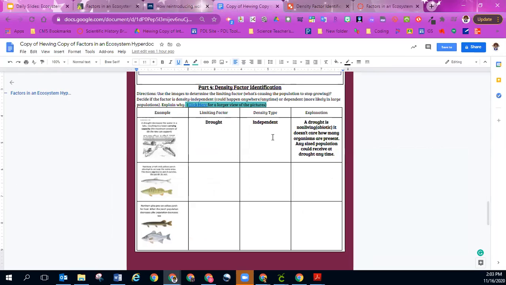The density type is going to be independent, because, 1, it's a non-living entity, and 2, it's going to affect everything that is tied to that lake and not being able to have enough water. Droughts don't really care how many organisms are present, and it is an abiotic factor, and any size population could receive a drought at any time, so it can affect any of them, not just one specific species.